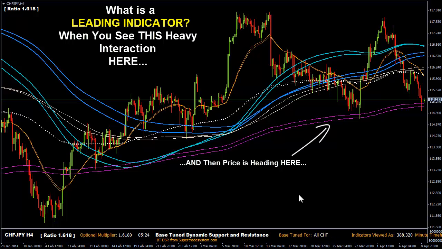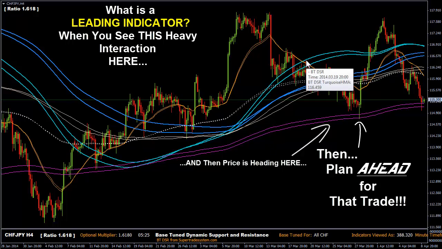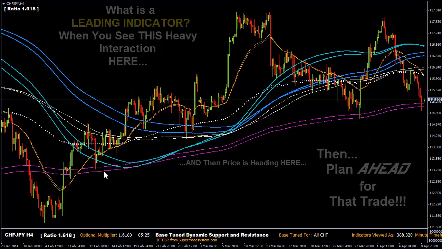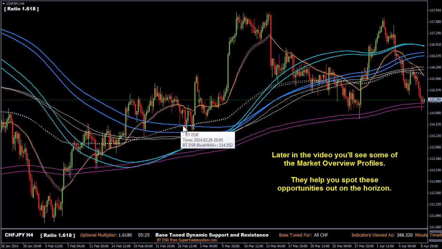All you have to do is load any chart, and it's going to take care of all the business. And this is just going to show you that the Franc-Yen has been paying attention to 1.618 ratio with these particular indicators all over the place, really.